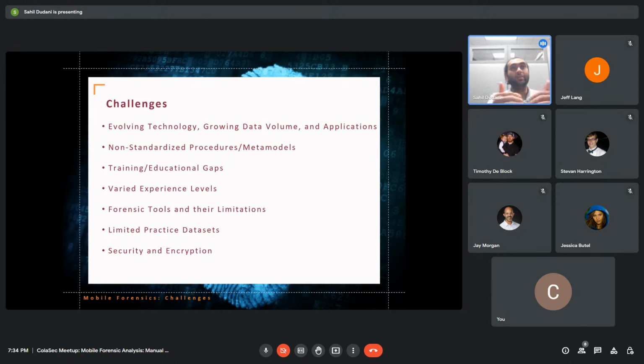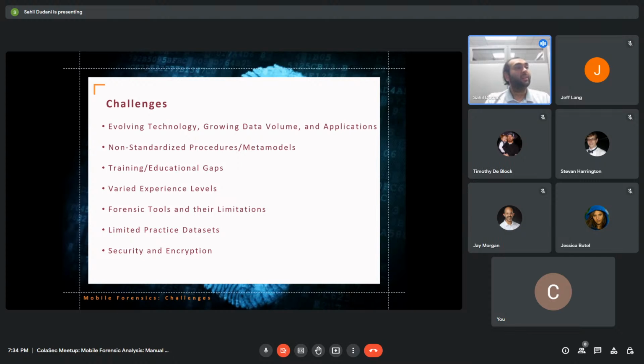Certain educational or training gaps can cause issues, like it could falsely exonerate someone or convict someone, and that can be an issue. So training and educational gaps are a really big challenge for the mobile forensics industry. And again, varied experience levels, I already explained that part. So varied experience levels, again, it's a problem.